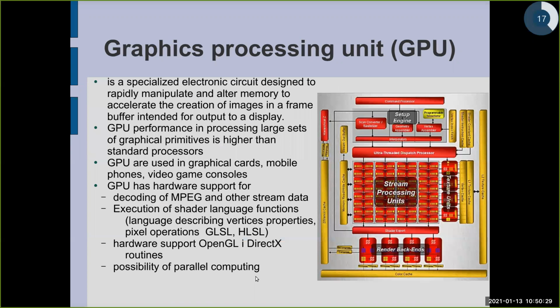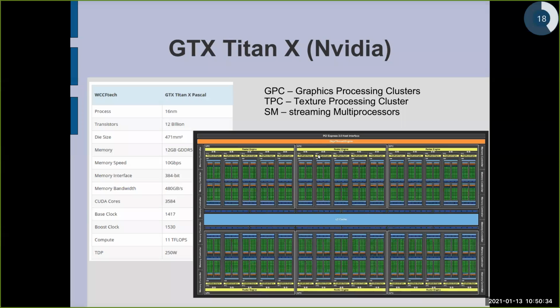Of course, it can be used for rendering, for 3D scene processing, but it can also be used for some parallel computing. So probably you heard that it can be used for Bitcoin mining and any other application like password hacking.